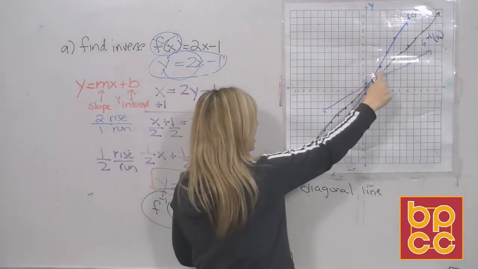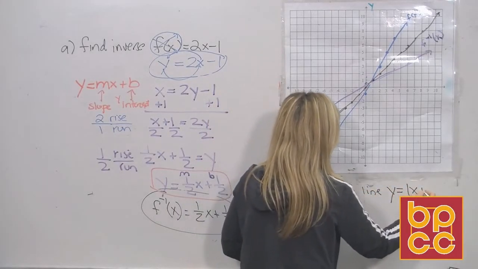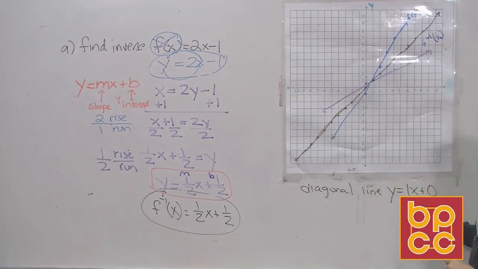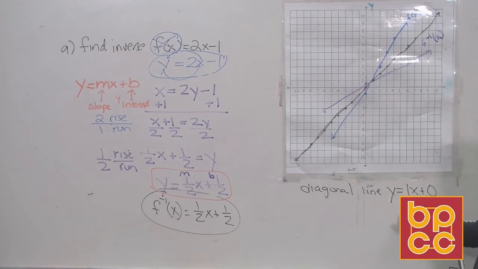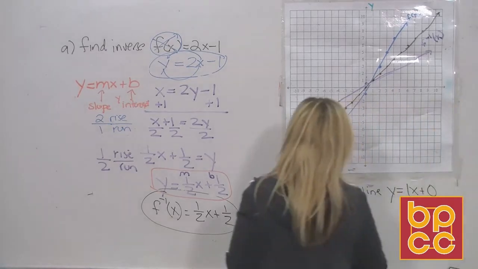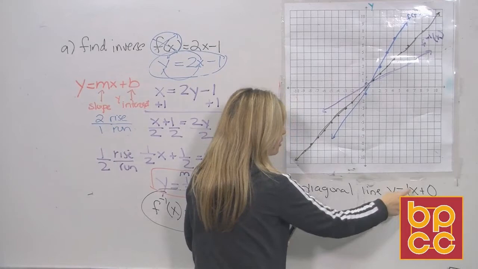And this diagonal line's name is y equals 1x plus 0. And the reason why is, look, it begins on the y-axis at 0. Its movement is up 1 over to the right 1. Up 1 over to the right 1. Now, we know in algebra, is the 1 necessary to write in front of the x?